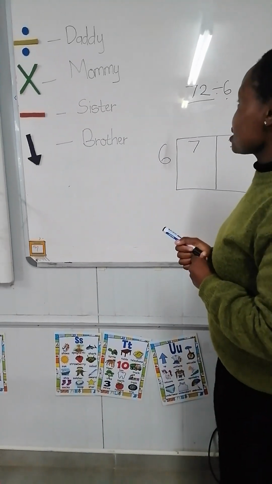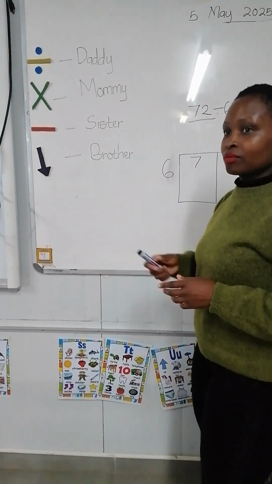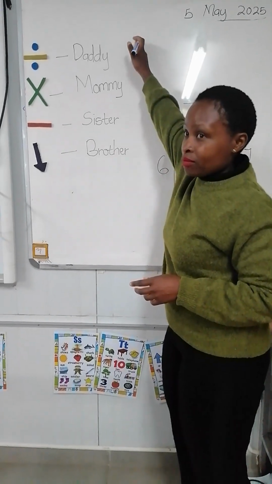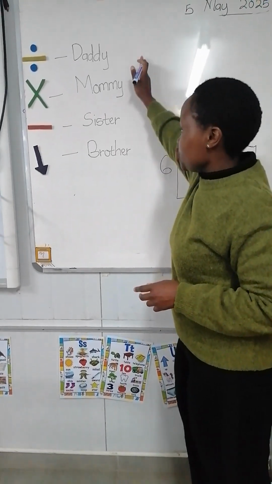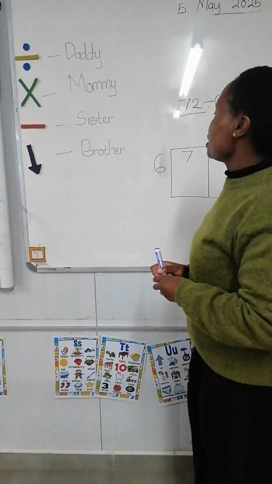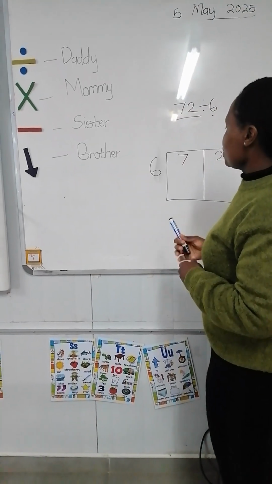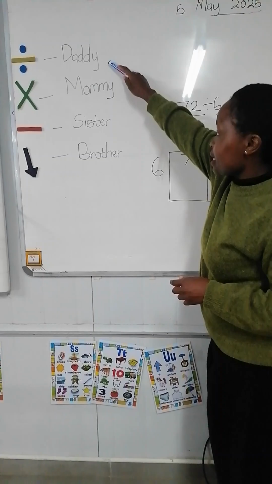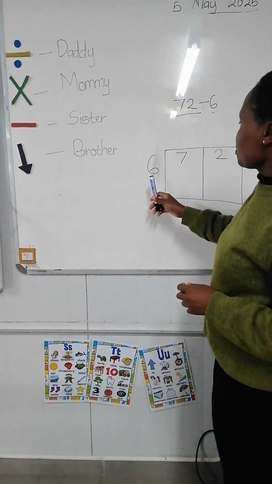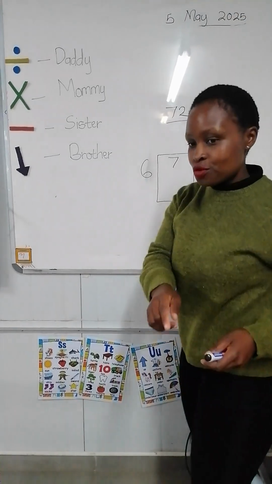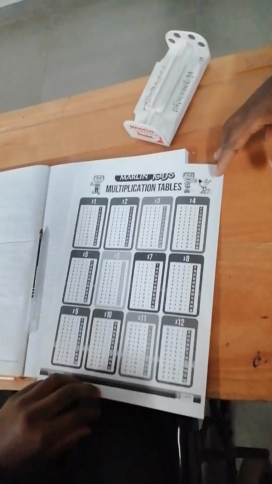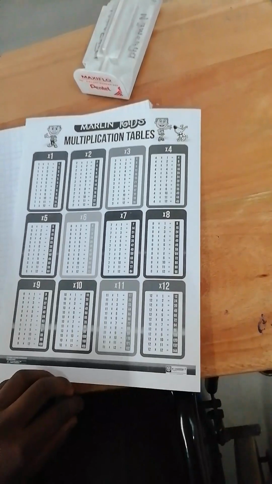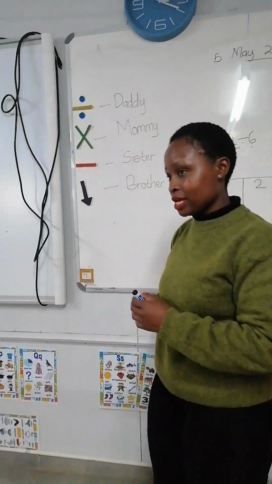What is the next step that we follow? We follow the division rules. So first we are going to divide. I have given you your multiplication timetable in case you are not sure on your multiplications.